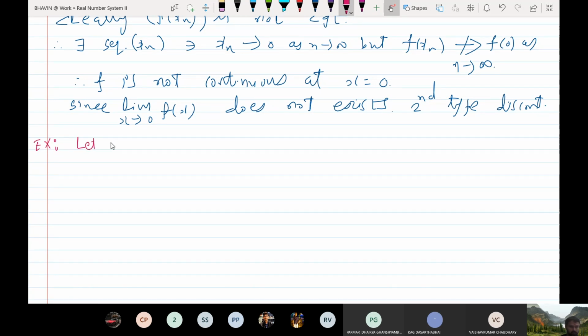So let f from R to R, and f of x is equal to bracket x, the largest integer less than or equal to x, or the integer bracket function. Prove that f is discontinuous on Z and continuous on R minus Z.